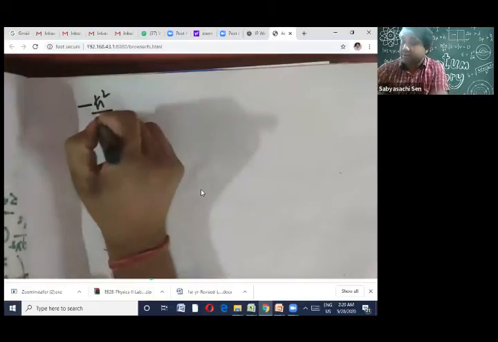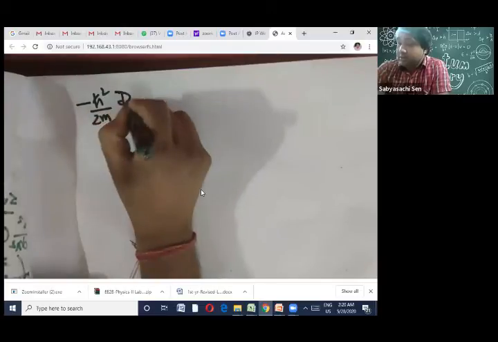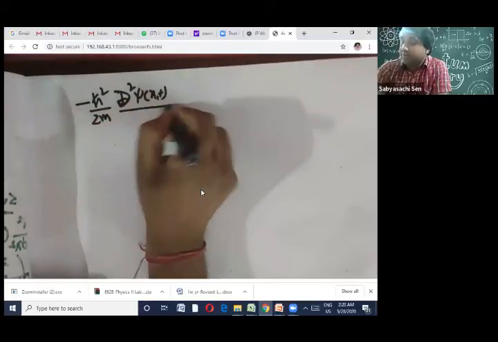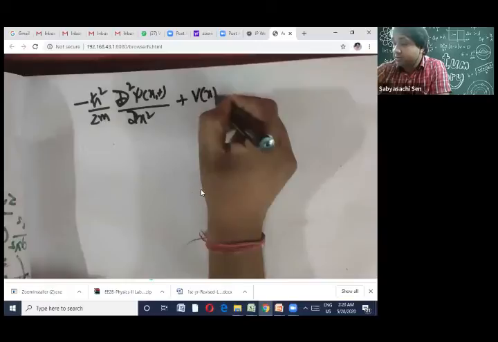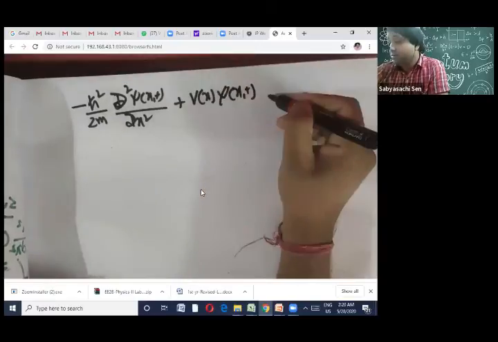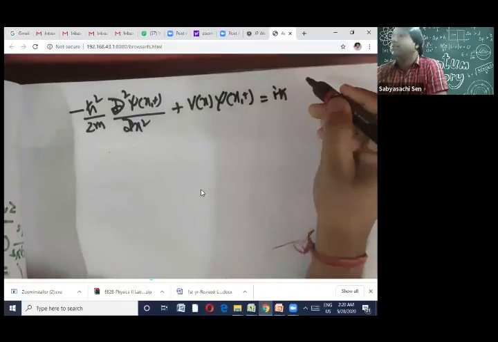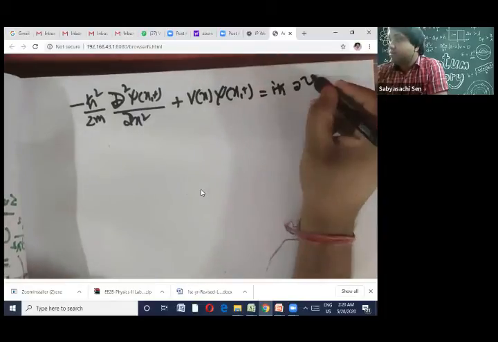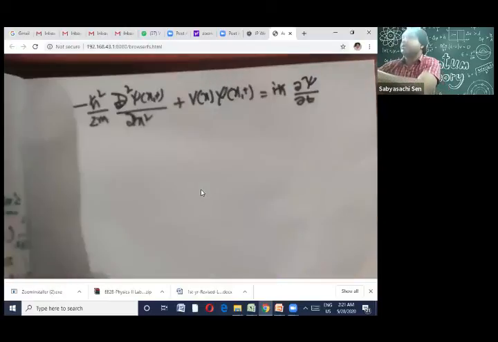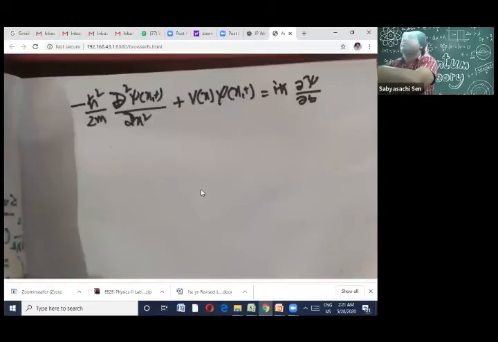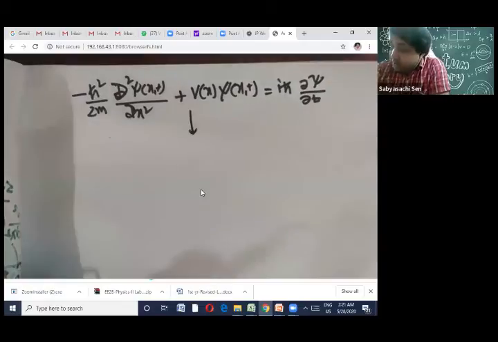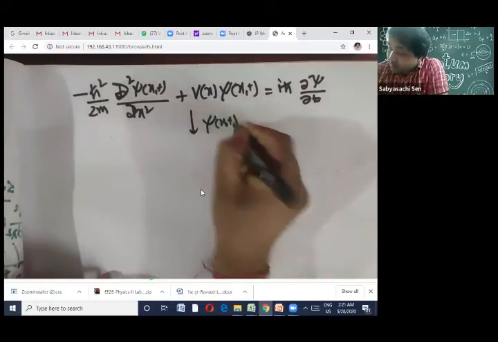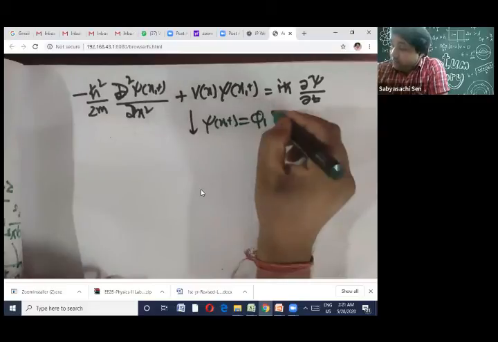Again, I have to write down the Schrodinger equation, del psi del t. So I have used separation of variables. I have written psi as the product of two functions, phi's.